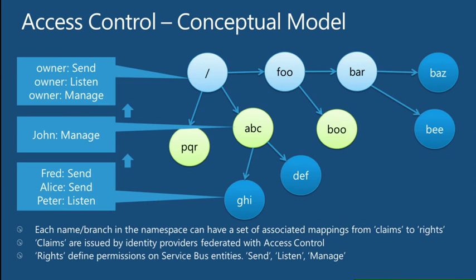Now, why would we want to have different rights here? Let's say you make a queue or a topic for telemetry. So Fred has a device and Alice has a device, and they're sending telemetry data in. You don't want Fred to be able to steal Alice's telemetry data. So what you do is you have a third party, the system, acting as Peter, which has the listening right to drain the data out.